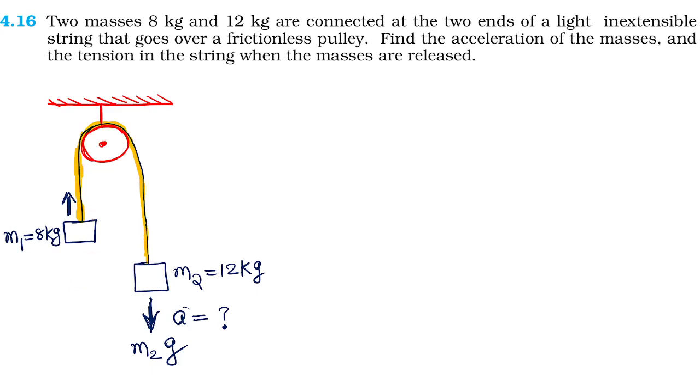So what happens is, there will be tension. Tension I have already discussed. The particles on the rope, you can see that there are rope particles. These particles exert an upward force on M2.